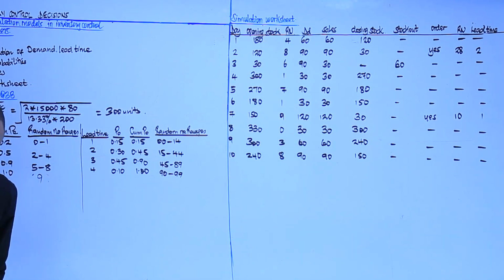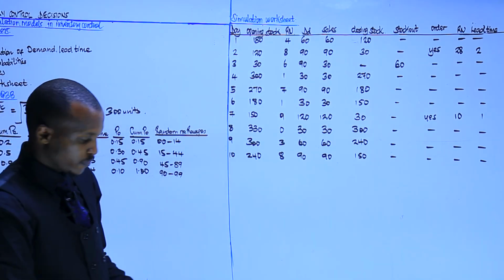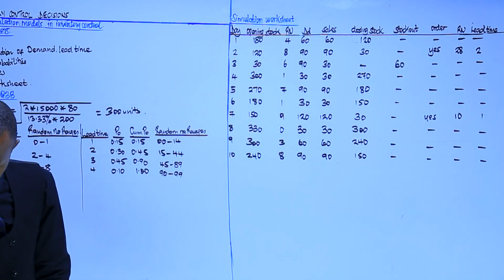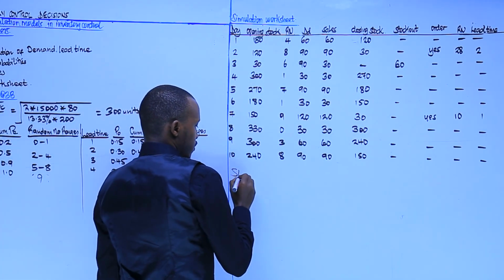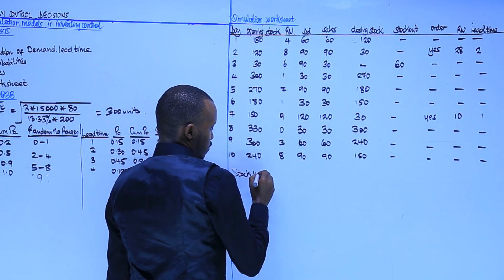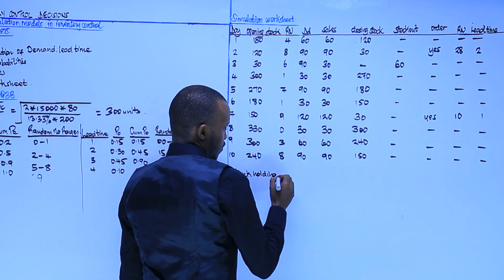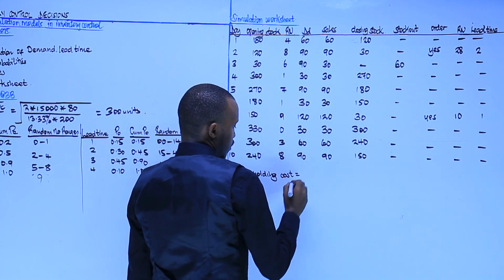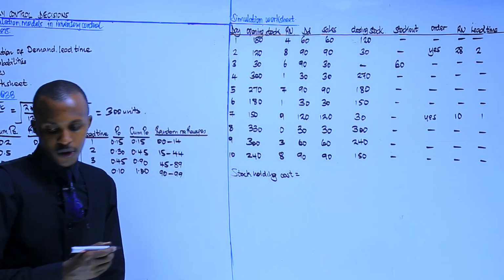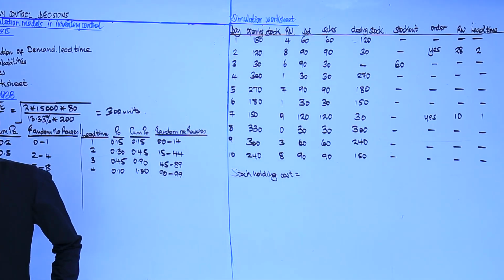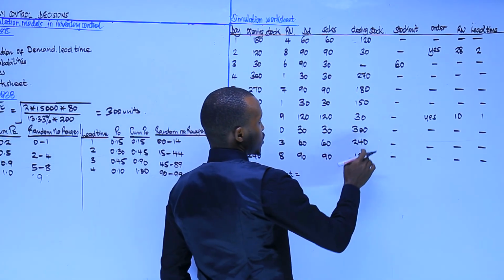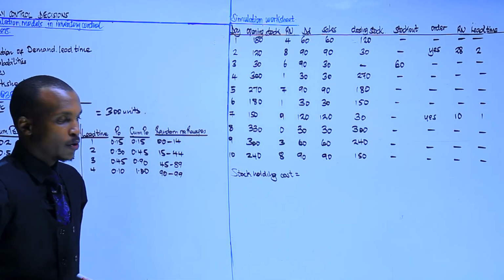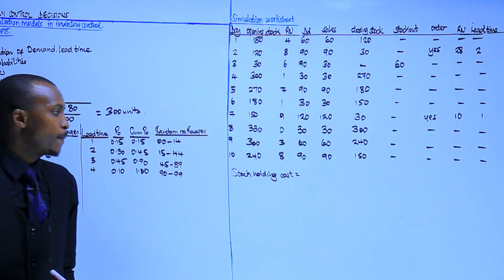Then using the above information, estimate the average daily holding cost. The average daily stock holding cost. So your stock holding cost, you must determine that. How will you determine that? You're going to simply determine all the units that were held.